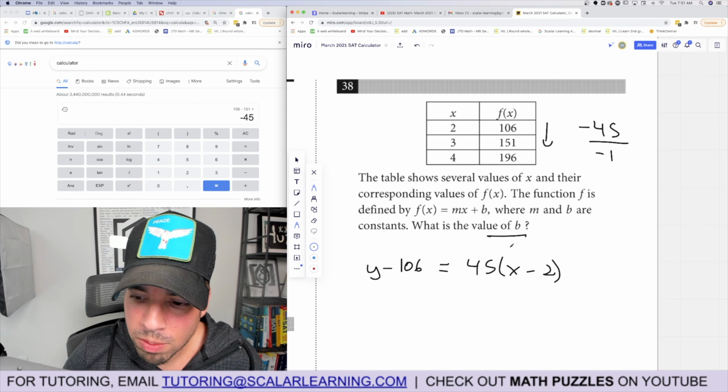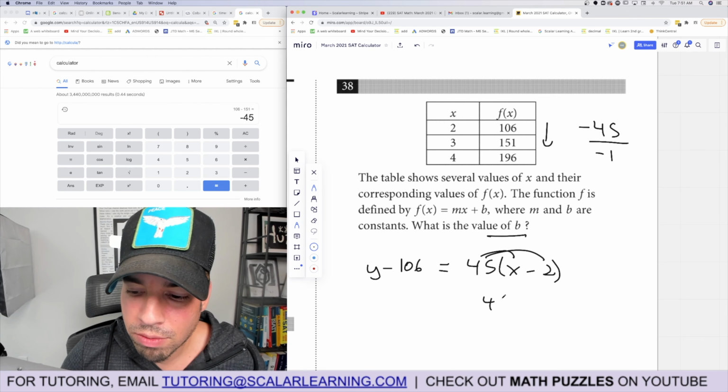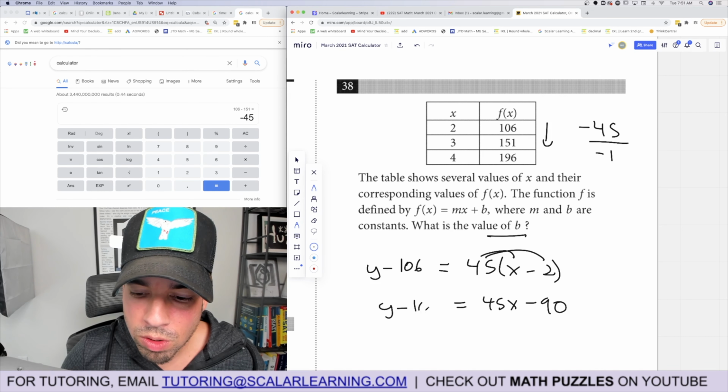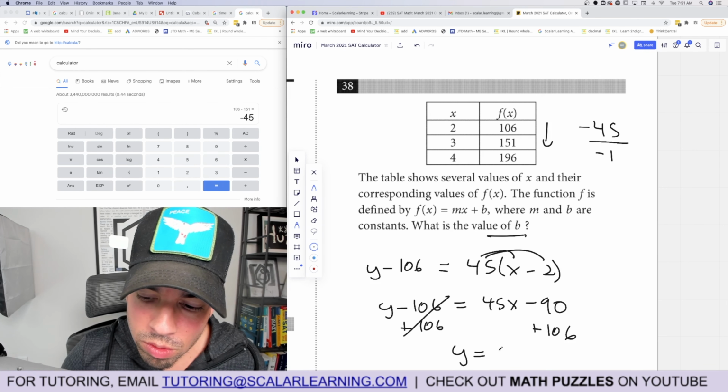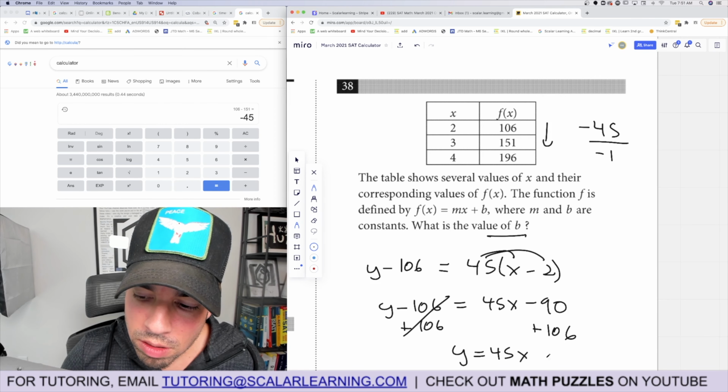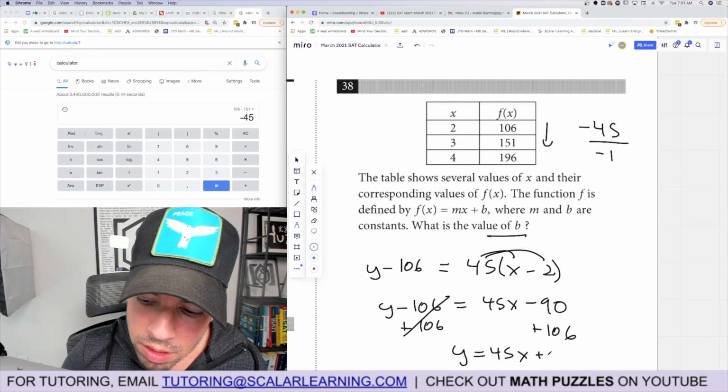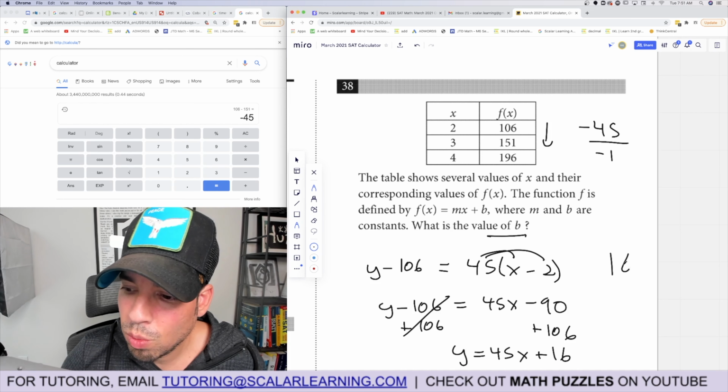And we want the b value, which is the y-intercept. So if I put it in slope-intercept form, I'll get it. 45x minus 90 equals y minus 106, plus 106 on both sides. Y equals 45x plus 16. And 16 is the winner.